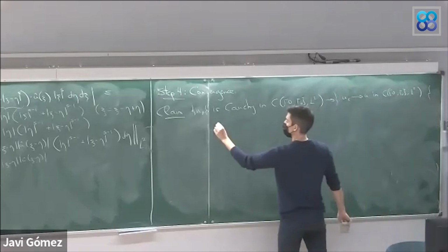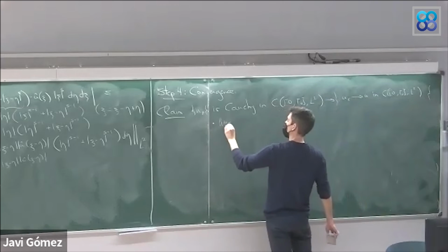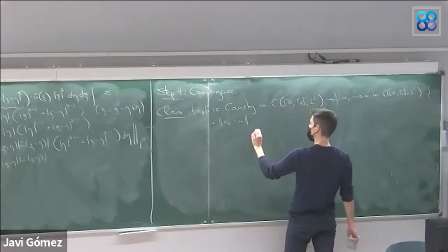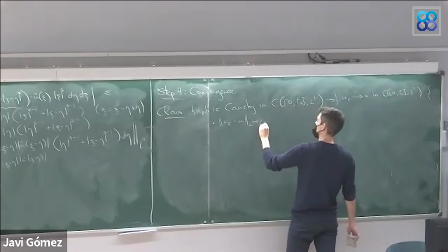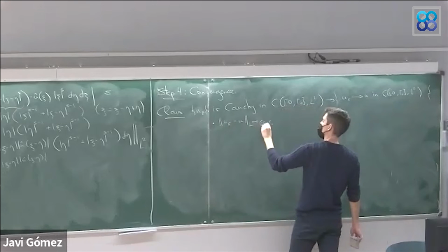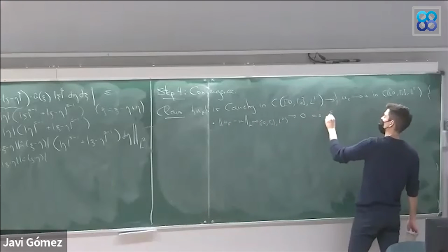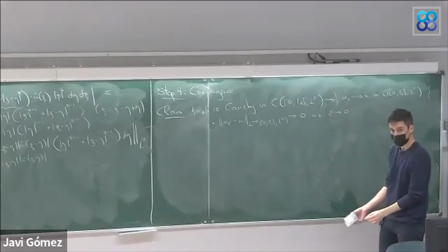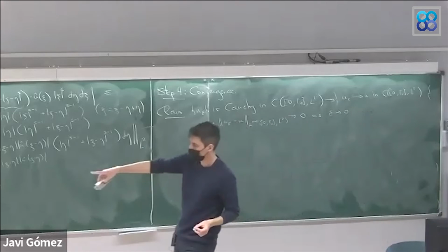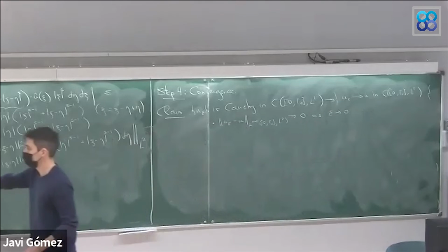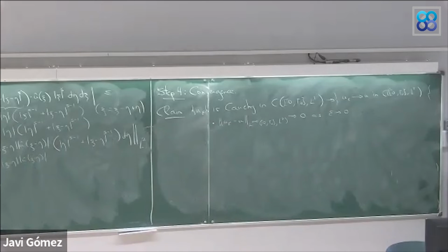Okay, so the estimate that I have is that u epsilon minus u in L infinity of 0, T, L2 goes to 0 as epsilon goes to 0. And I also have the uniform bound that I wrote there, on the higher norm HS.